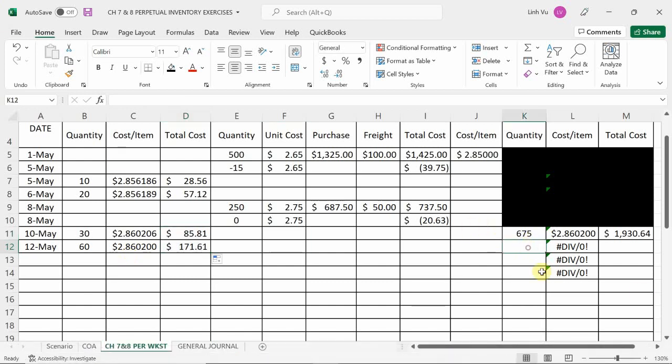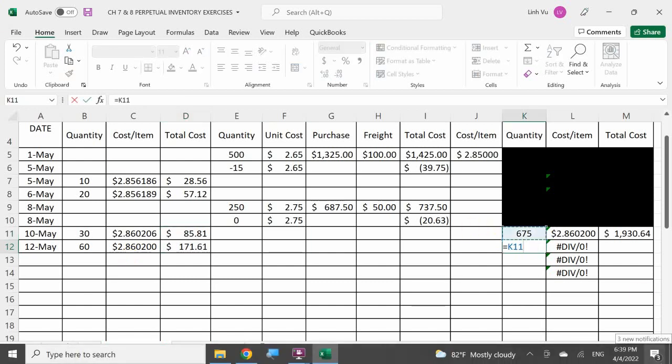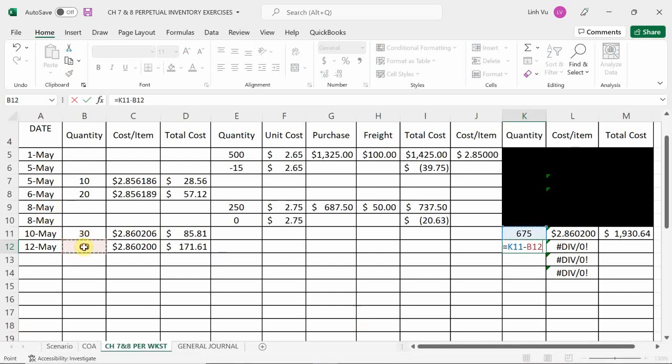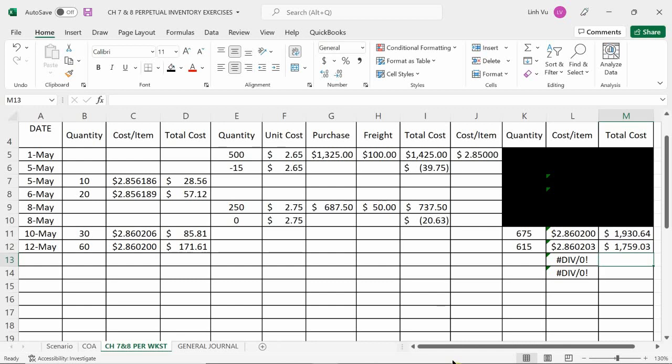So this time, I sold 60 mugs, so 675 units minus 60 should leave you with 615 units left. If I started out with $1,930.64 and I sold a total of $171.61, I should be left with $1,759.03.